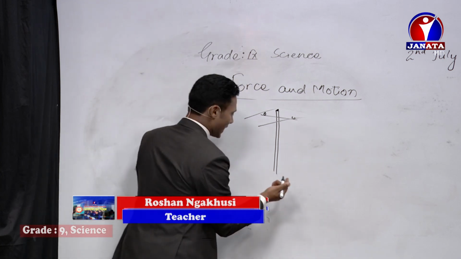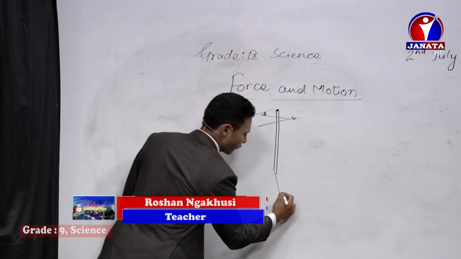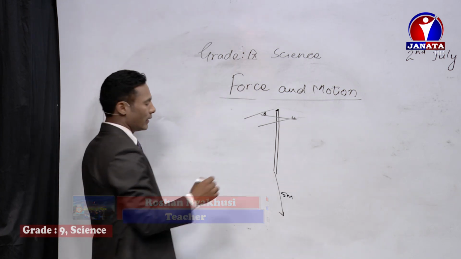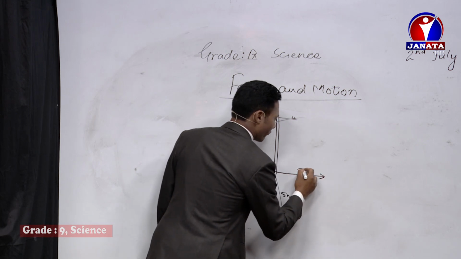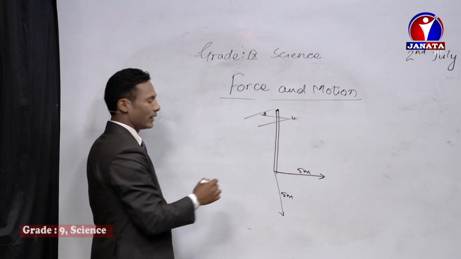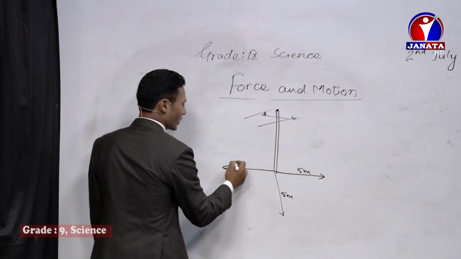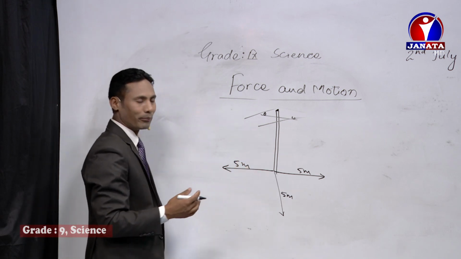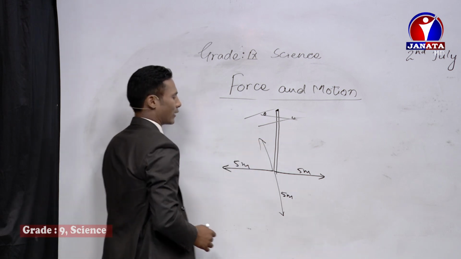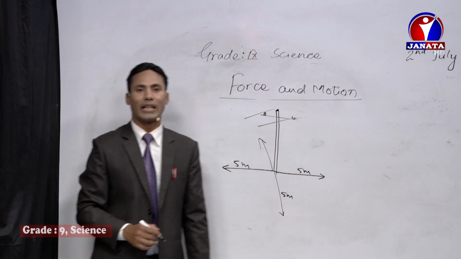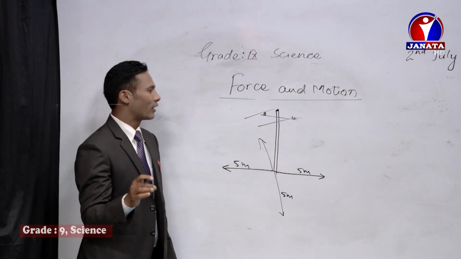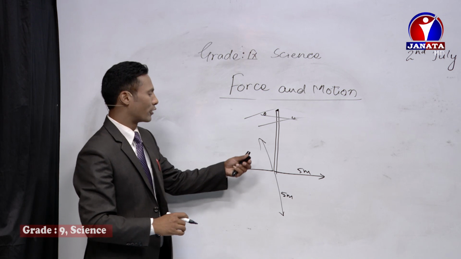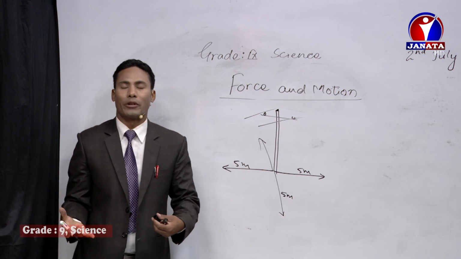So 5 meter distance may be in this direction, 5 meter distance, right? Similarly, this also may be 5 meter distance. Similarly, in this direction also I can draw 5 meters, and in the backward direction also I can draw 5 meters. That means if I only say 5 meters away from the electric pole, then I cannot draw the perfect figure for this.